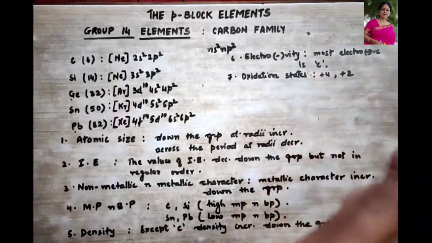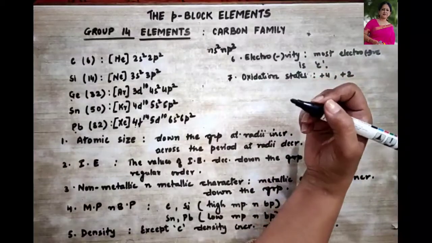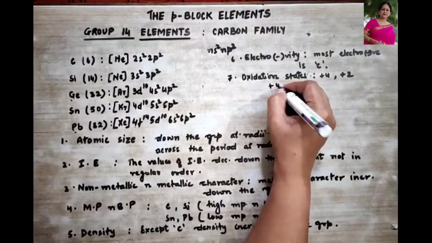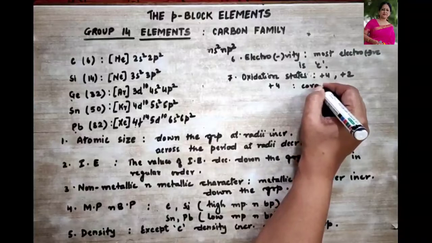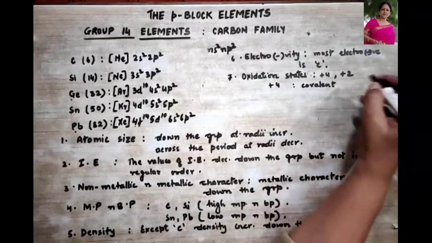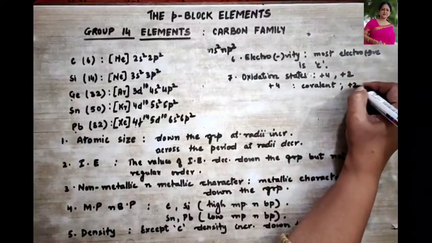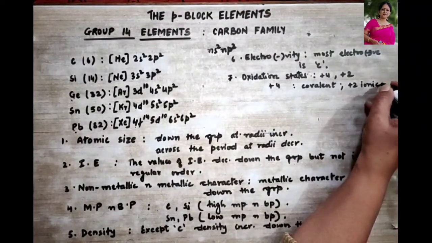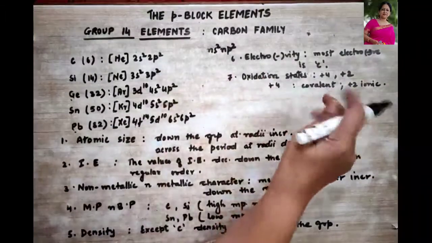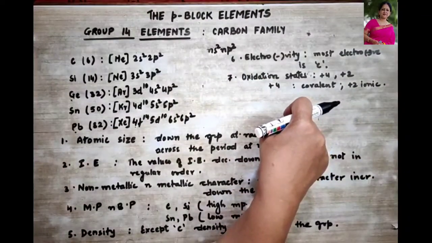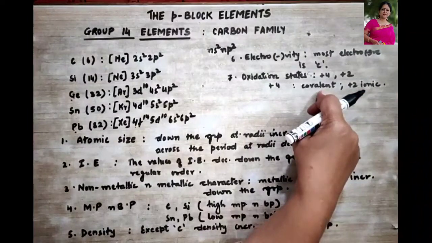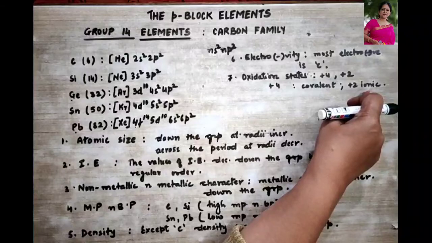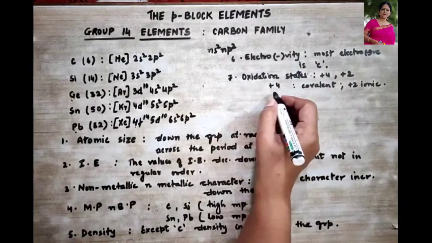Now in +4, the compounds show covalent nature, whereas +2 compounds have ionic nature. Is this point clear? +4 oxidation state compounds show covalent nature, and +2 oxidation state compounds show ionic nature.